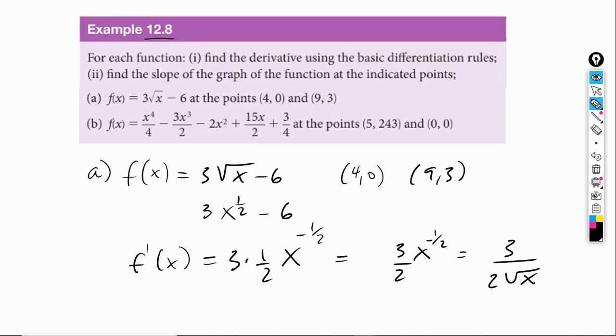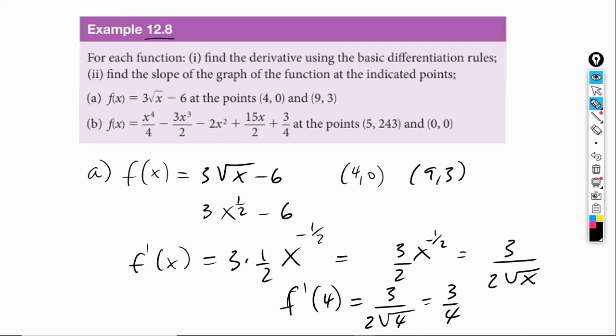Then they want us to find the slope at (4, 0). So notice that here we're only going to be interested in the x coordinate, right? Because it's going to be plug in 4 in the derivative, and the derivative gives me the slope at that point. So this would then equal 3 over 2 times square root of 4, and this obviously will equal 3/4.